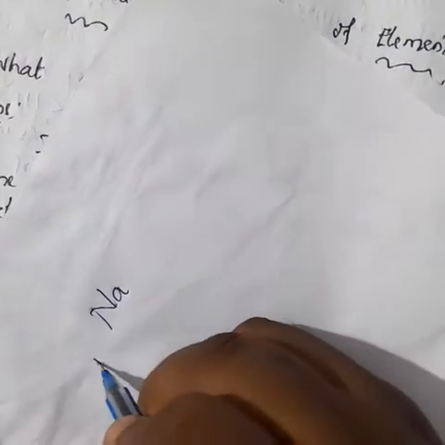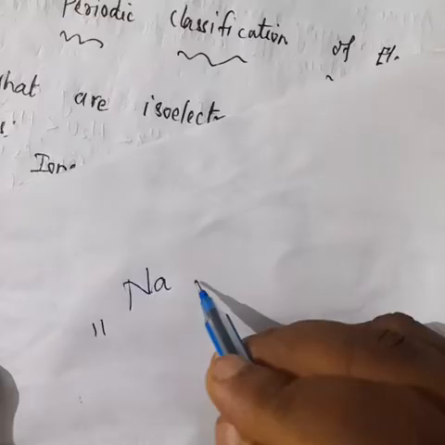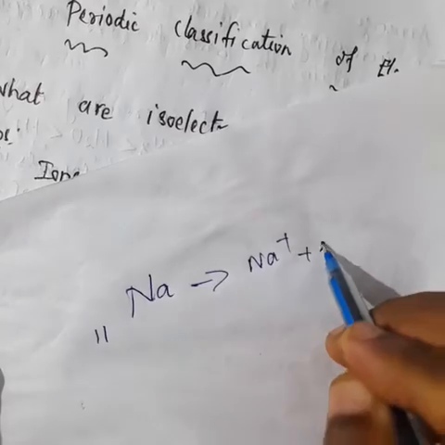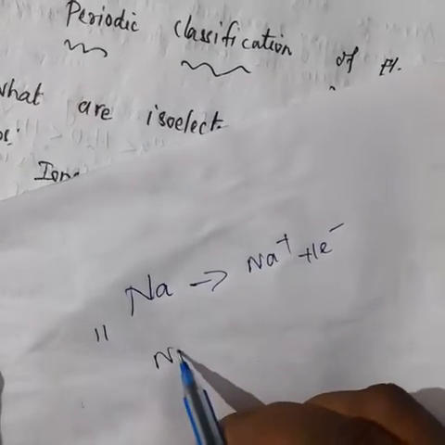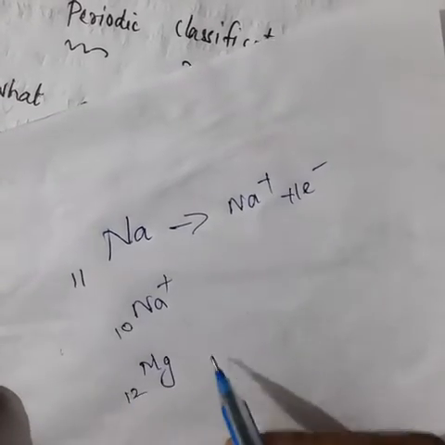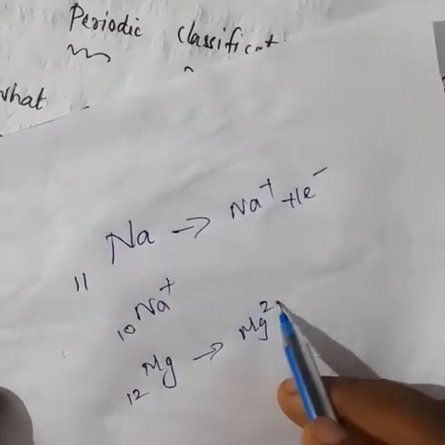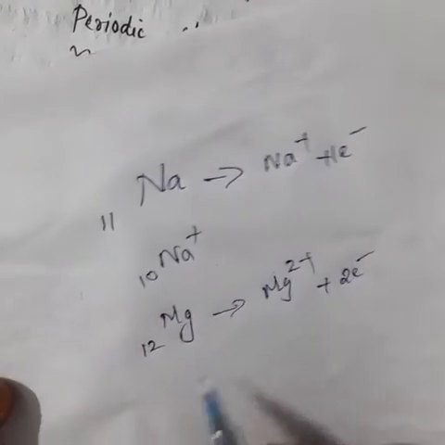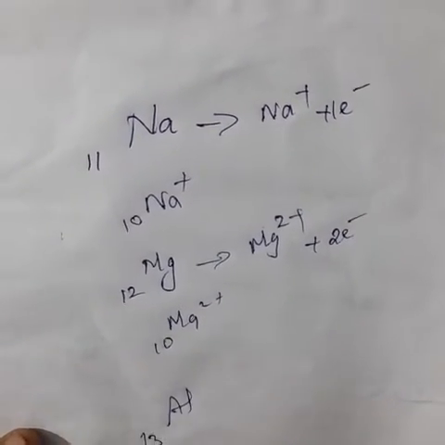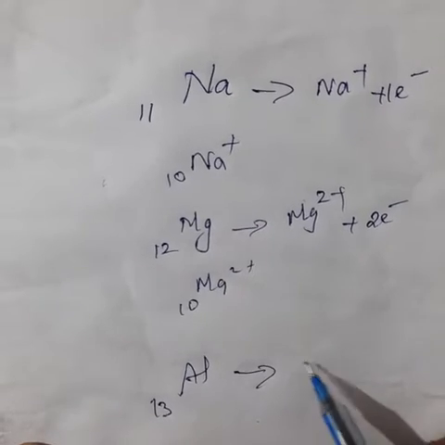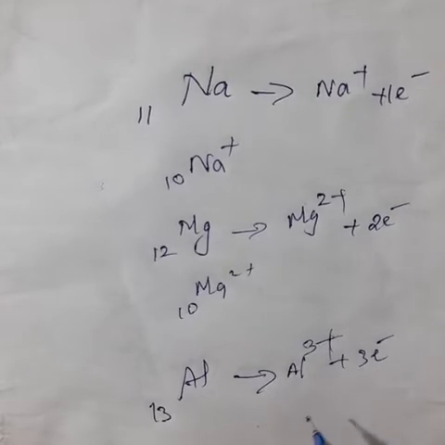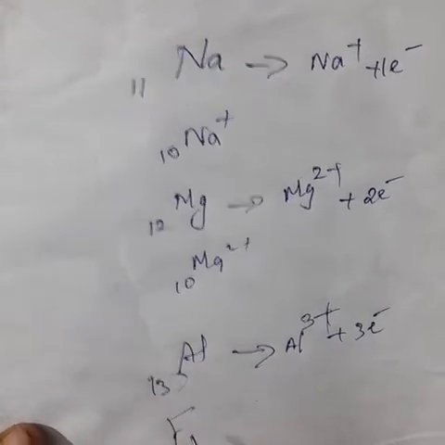Na plus means 1 electron is lost, so it has 10 electrons. Magnesium has atomic number 12; Mg2 plus means it lost 2 electrons, so it has 10 electrons. Aluminum has atomic number 13; when it loses 3 electrons from the outermost orbit, it becomes Al3 plus, with 10 electrons.